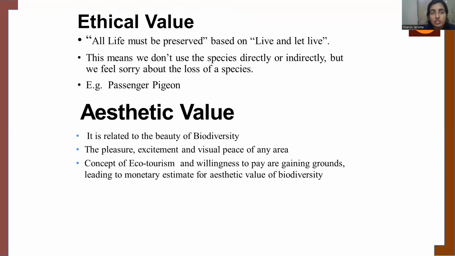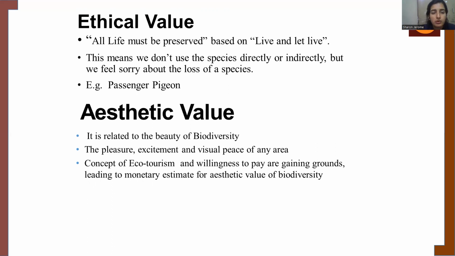So before such a problematic situation appears, it is our duty to preserve it. All life must be preserved based on the principle of live and let live. This means that we may not use a species directly or indirectly, but we feel sorry for the loss of species. Till date, millions of species are on the verge of extinction. Of course, directly or indirectly, we humans are involved in their extinction.